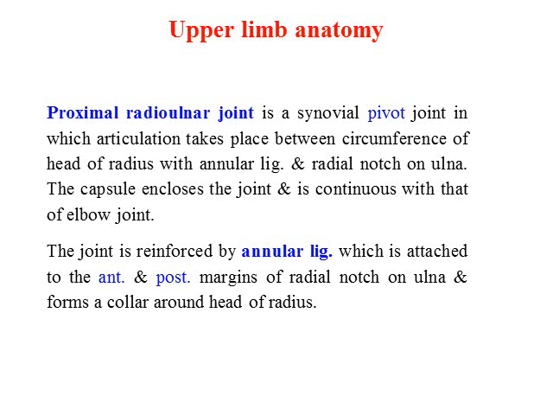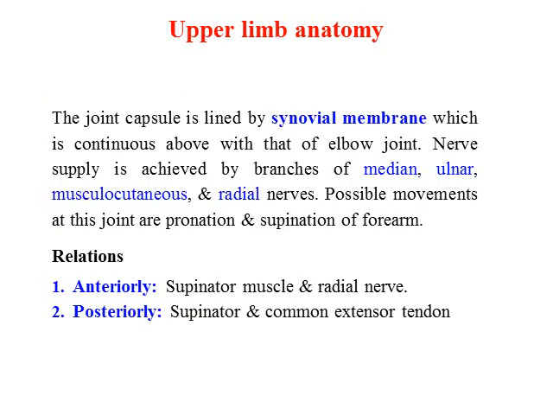Now the joint capsule is reinforced by the annular ligament, which is attached to the anterior and posterior margins of the radial notch on the lateral side of proximal ulna, and forms a collar around the head of radius.